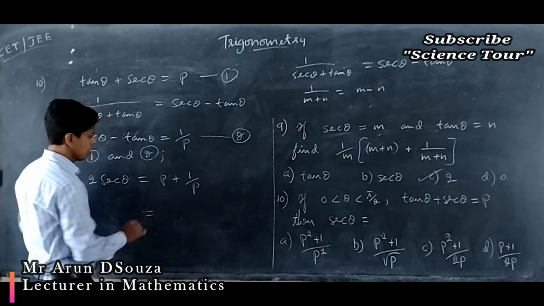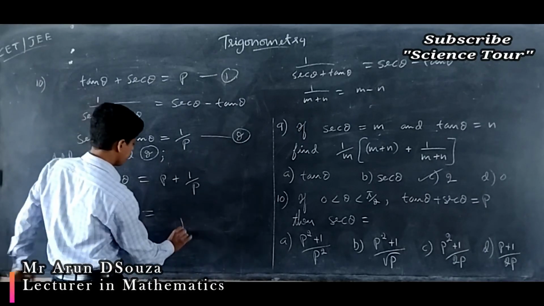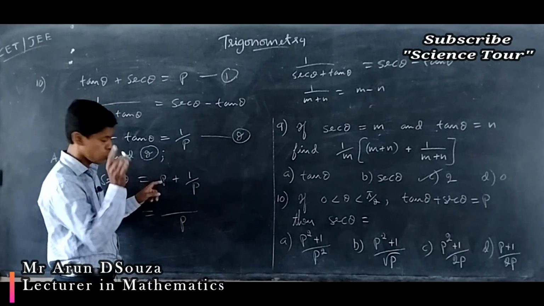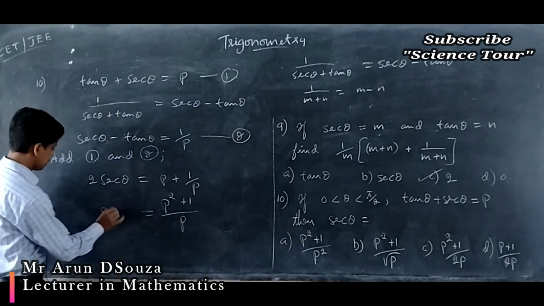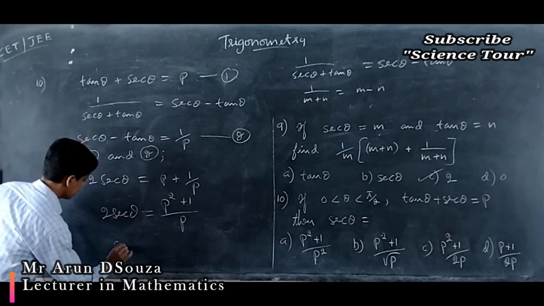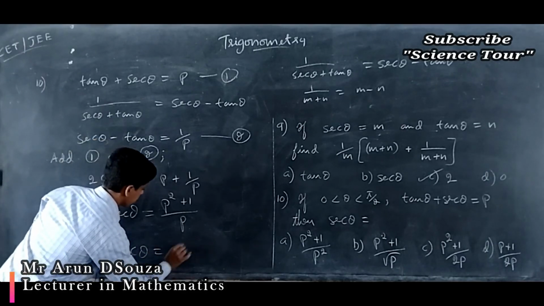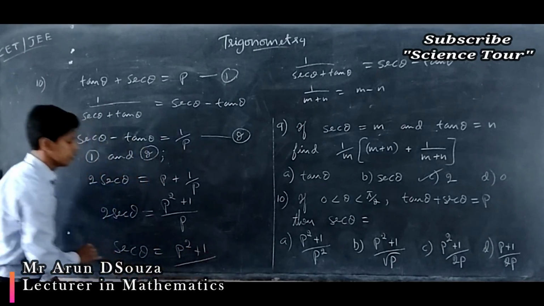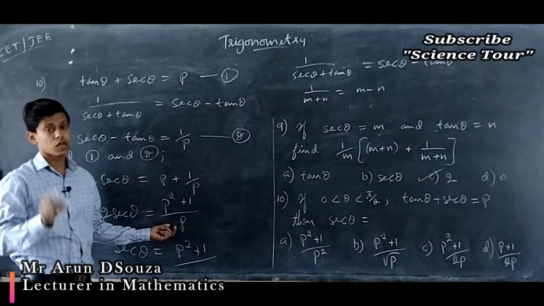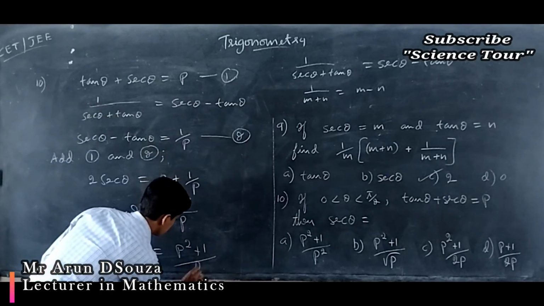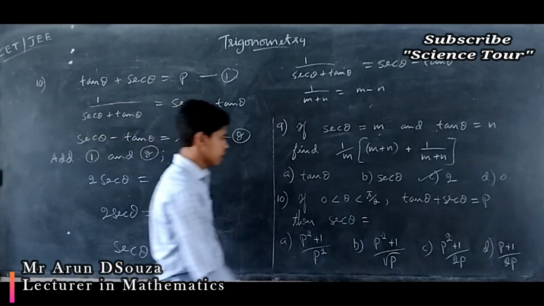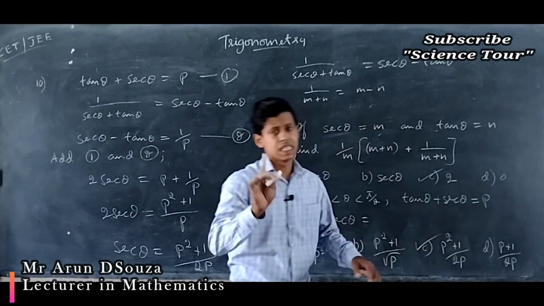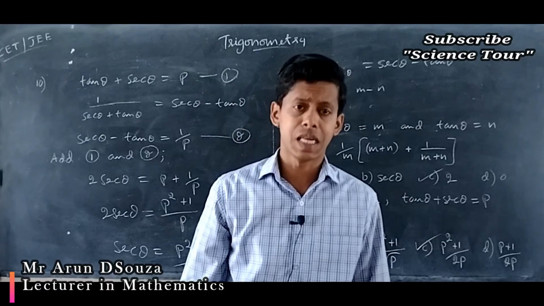We will do that later. Now take the LCM p, so that is p square plus 1 and that is 2 sec theta. Therefore what is sec theta finally? P square plus 1 divided by, so this 2 has to come to the denominator, right? So 2p, so which option is that? P square plus 1 divided by 2p is option C, and that's the answer for the question number 10.